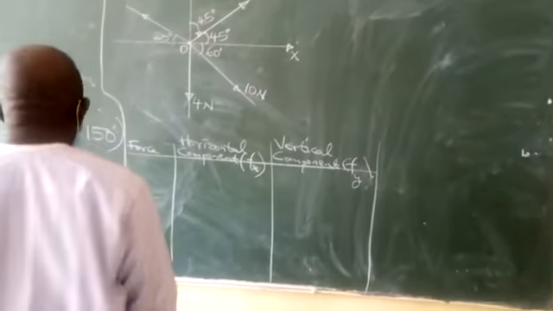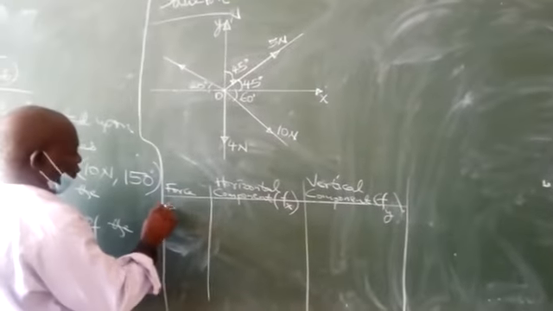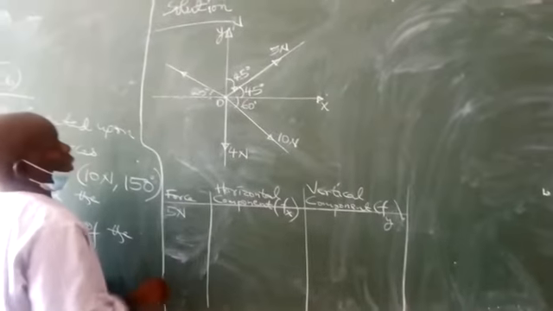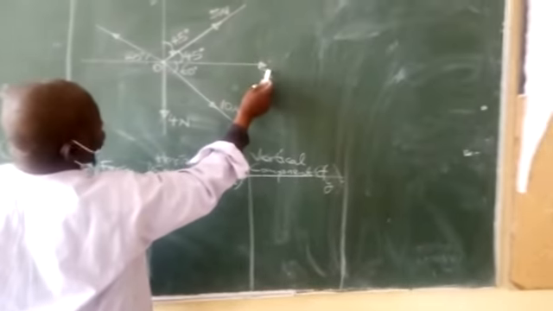So now the first force is 5 Newton. This 5 Newton force is at an angle of 45 degrees to the horizontal.